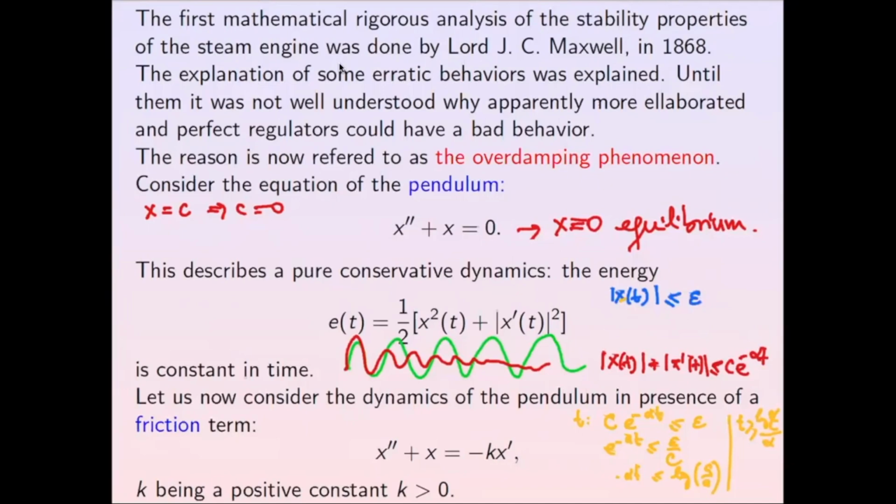In some sense, this is not an exact control property because we don't really get to the equilibrium x equal 0, right? But we get there in an approximate manner.